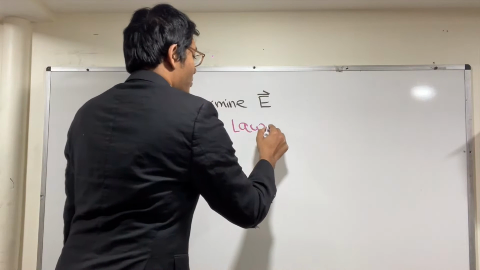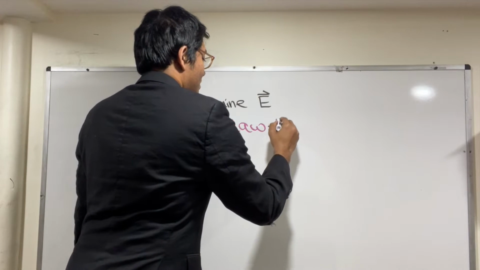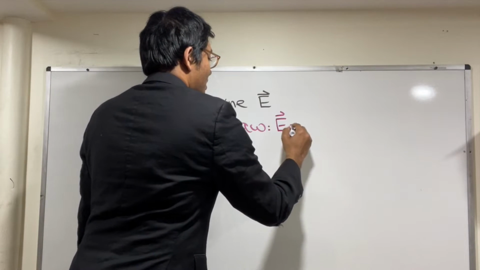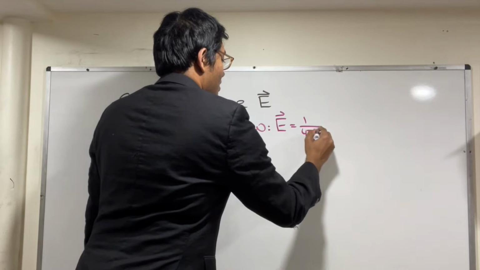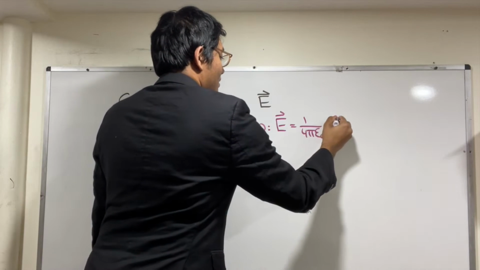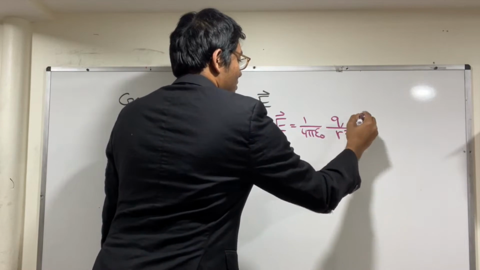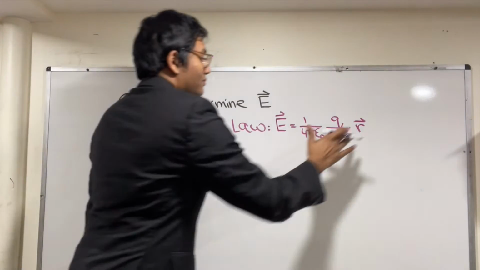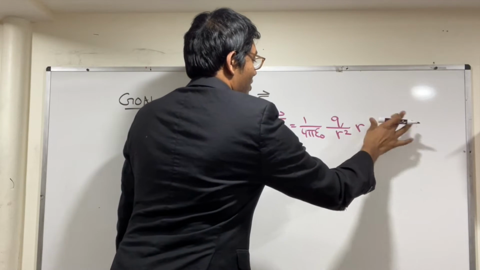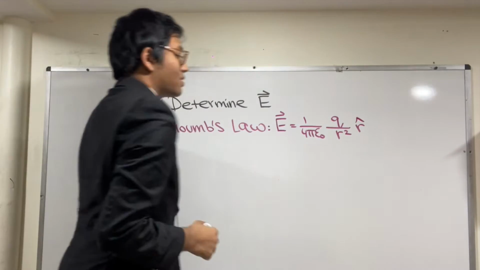So Coulomb's law for a point charge said that the electric field due to a point charge is equal to 1 over 4 pi epsilon naught, that's my k, the amount of charge I'm considering, over r squared times the r vector. Actually, if I use the r vector, I have to put r cubed in the denominator. So let's use r hat.